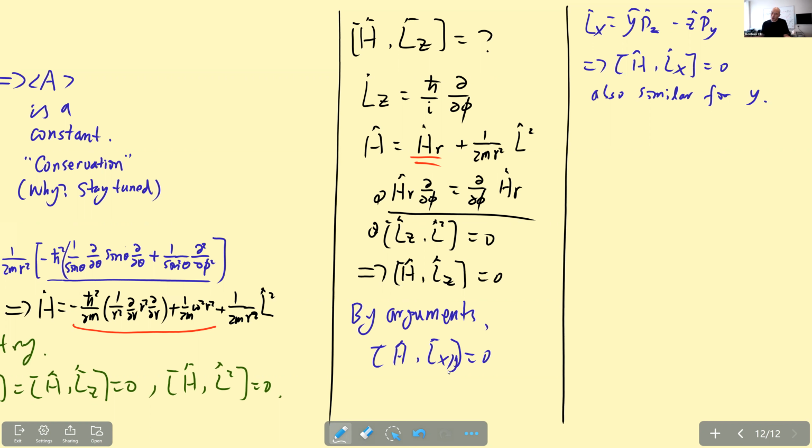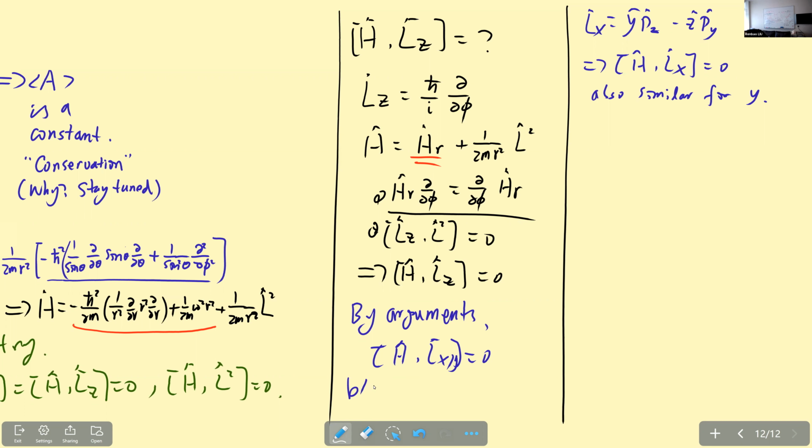The reason is very simple, right? Because it's just a choice of coordinates, right? So you can define the spherical coordinates not along the z direction, but along the x direction. Okay, and you get the same form of the Hamiltonian. But now the Lx will have a very simple form, just the same as the Lz. So it's just up to you to choose which axis to define these spherical coordinates, right?